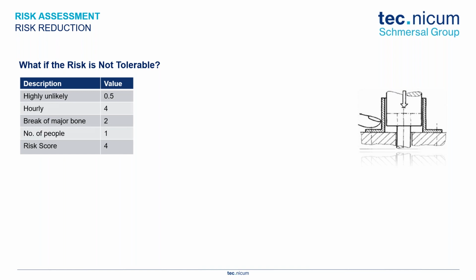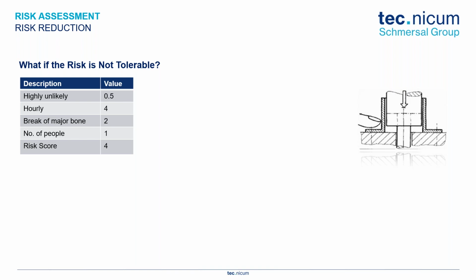So for our HRN example, the likelihood went from probable to highly unlikely. Highly unlikely, so that's a 0.5. So you do your calculation. The way that we use the machine has not changed, so we still use this machine hourly.